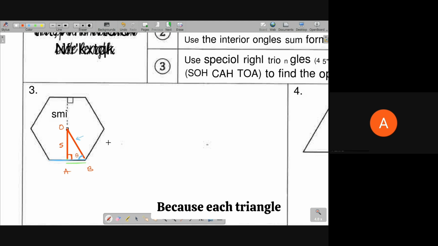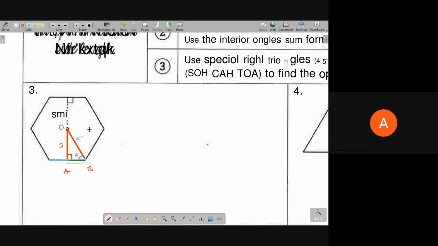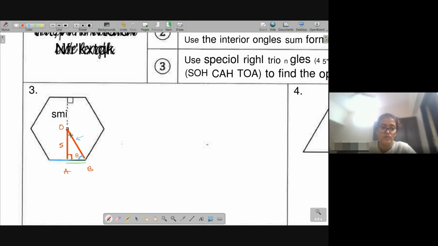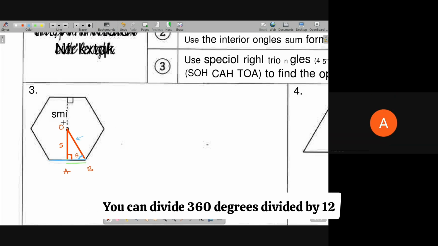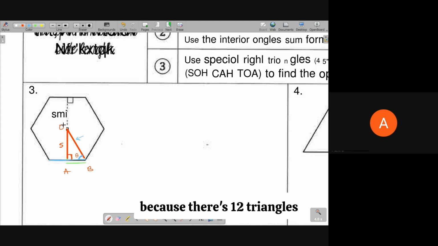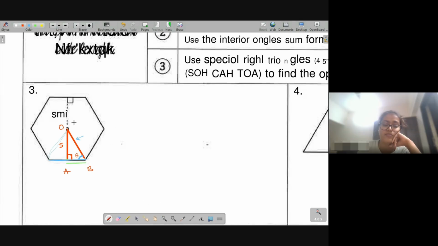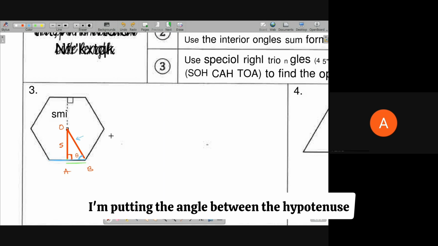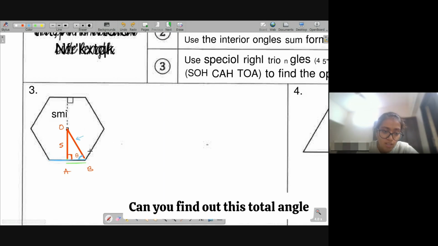Because each triangle, well, we can make 2 triangles for each side, and then you can divide 360 degrees by 12 because there are 12 triangles. I'm putting the angle between the hypotenuse and the perpendicular. Can you find out this total angle?